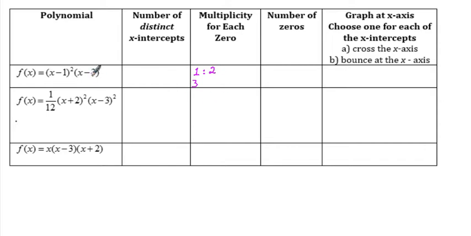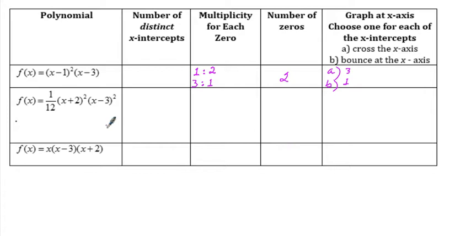The multiplicity of x minus 3, or the 0 of 3, is 1. So we have two zeros. One of them crosses the x-axis. That's this one, the 3. One of them bounces at the x-axis. That's the one that has the even multiplicity. That's the 0 of 1 that has the bounce.